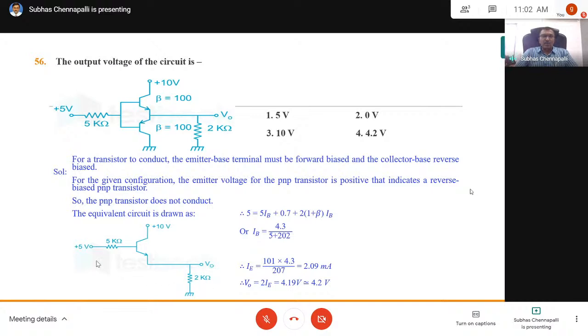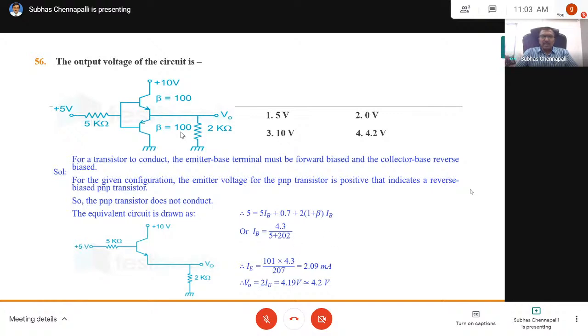So for that, what I do, this 5 volts is equal to 5 times IB, plus 0.7, plus this is IE. I can say actually 2 times IE in kilo ohms. So current will be in milliamperes if it is in kilo ohms. 2 into (1 plus beta) IB. Then you substitute all those values and you will get this much.